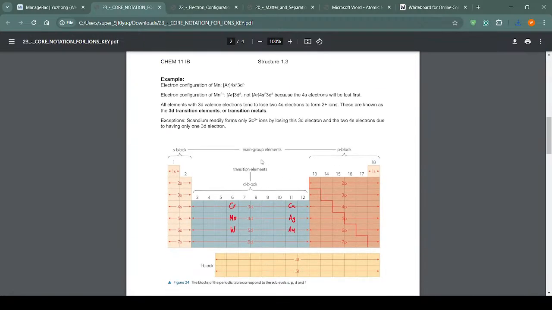Right, okay. Electron configuration of manganese is argon 4s2 3d5. Because the 4s electrons will be lost first. All elements with 3d valence electrons tend to lose 2 4s electrons to form 2+ ions.